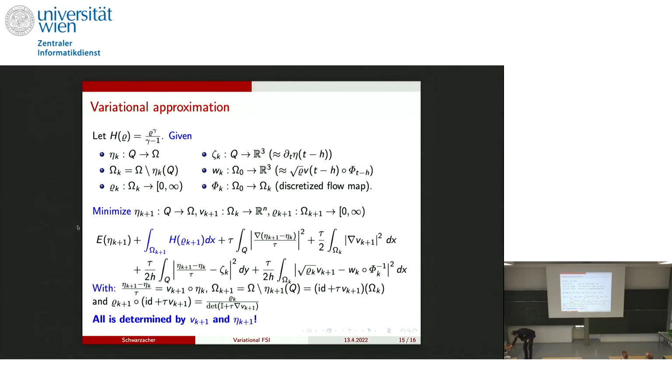So the point is, it's already written here. You can now use this change of variables and determine everything by the velocity and the state only. Because you know your last density, and you know by this formula what the new density should look like, and this is even on the old domain, because you have this transport of the density here.